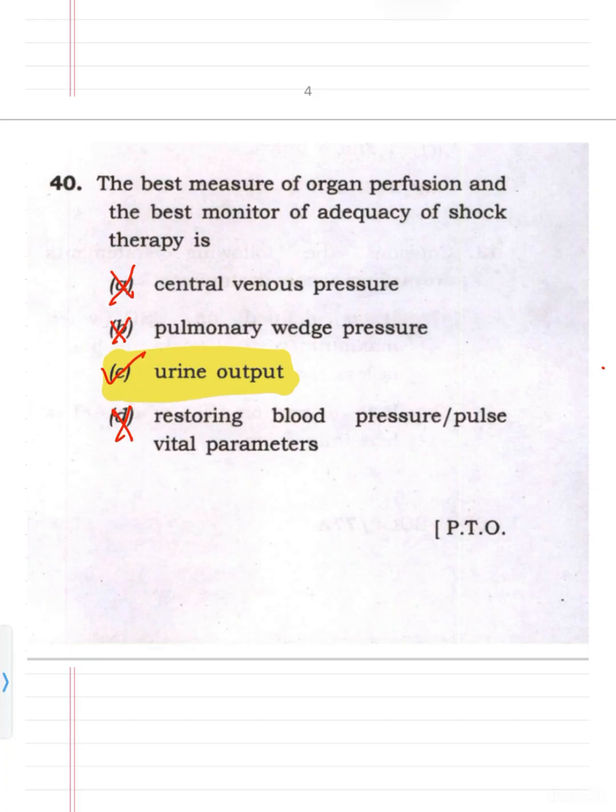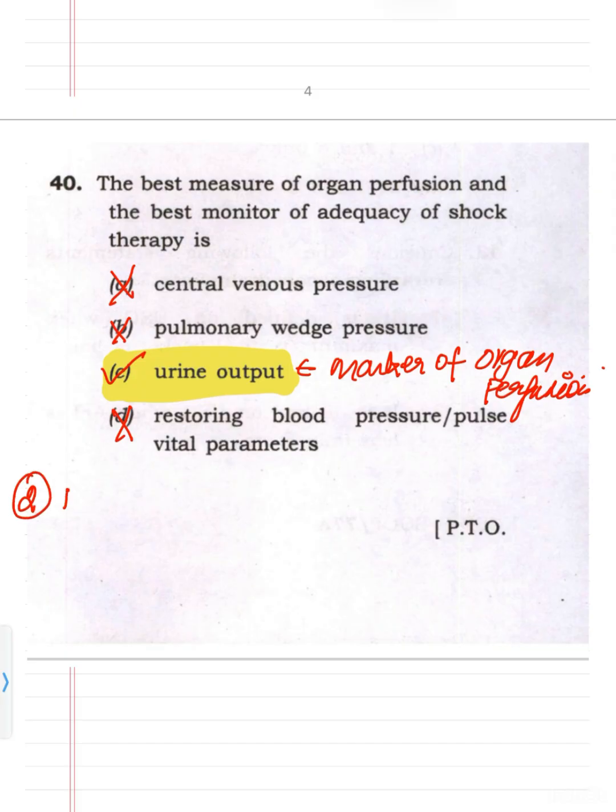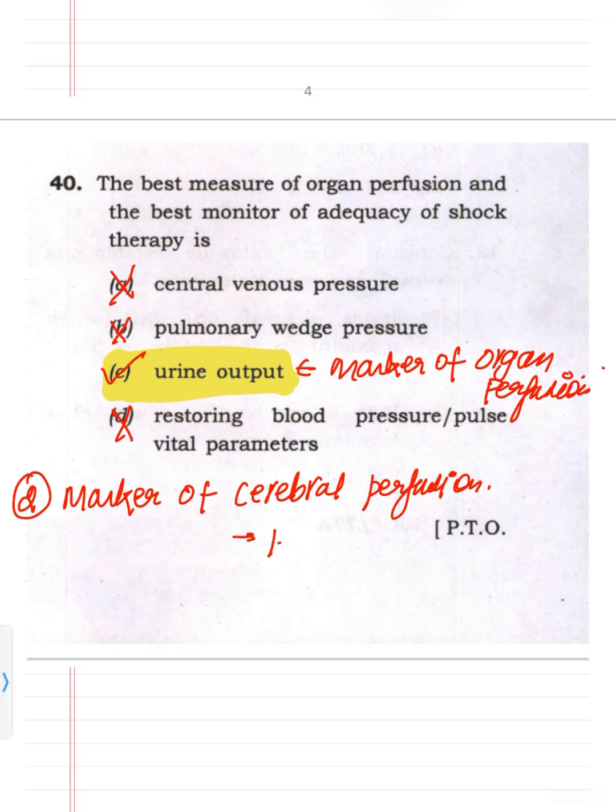This is a question from Bailey's. Bailey's also gives some other indicators as well. For example, urine output is the marker of organ perfusion. Another question can be asked: what is the important marker of cerebral perfusion, that is, whether the brain is getting an adequate blood supply or not? That is level of consciousness.